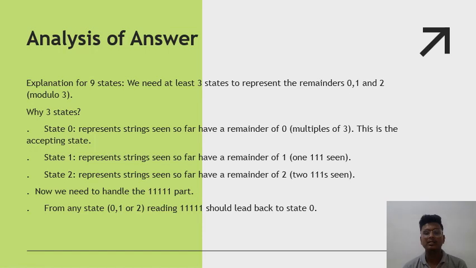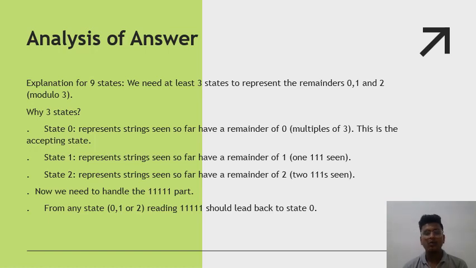We need at least 3 states to represent the remainders 0, 1 and 2. Why do we need 3 states? Because state 0 will represent strings seen so far that have a remainder of 0, a multiple of 3. This is the accepting state. State 1 will represent strings with a remainder of 1, and state 2 represents strings with a remainder of 2.